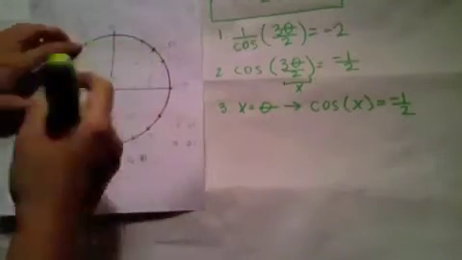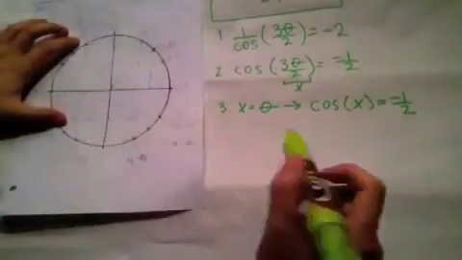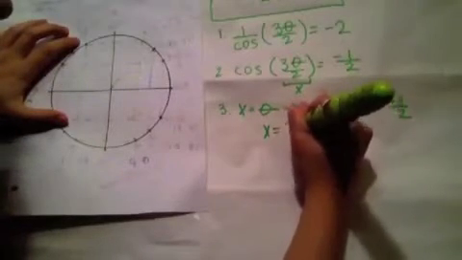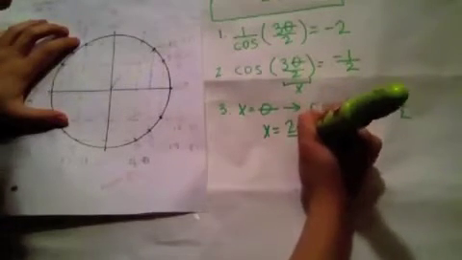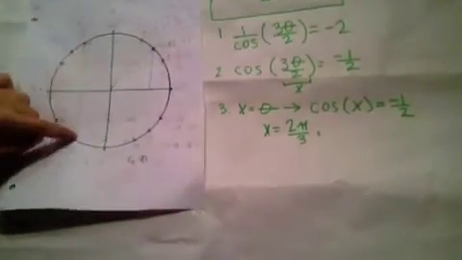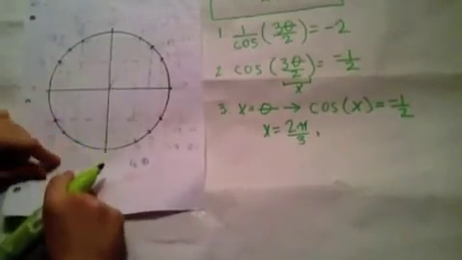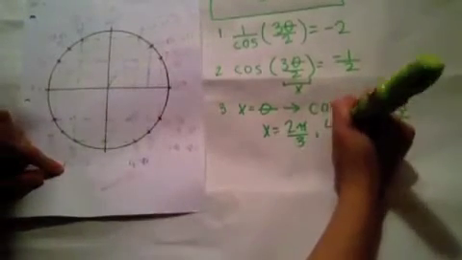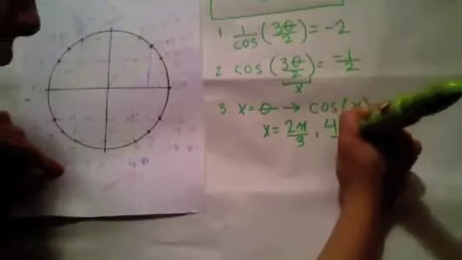And as you can see, it gives you two values. So one at 2 pi over 3. So let's see, x equals 2 pi over 3. And we look down here where cosine also equals -1/2. 4 pi over 3.